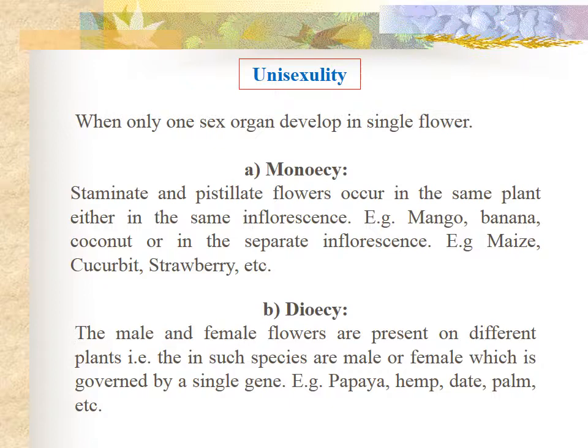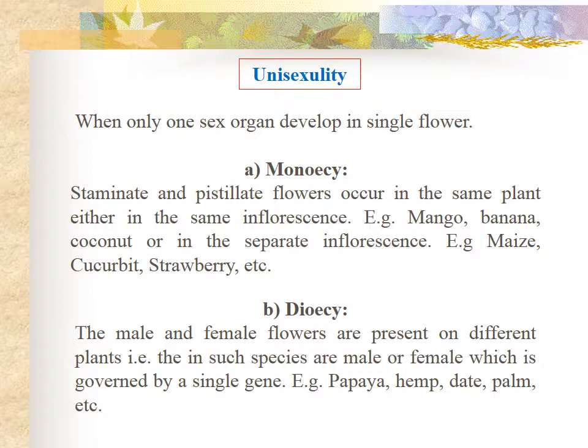In castor, that is also a monoecious condition, but the male and female flowers are positioned at different places. The males are below and the females are above.